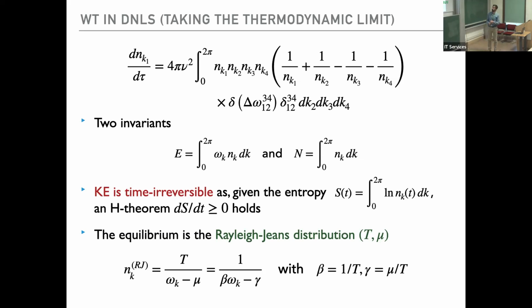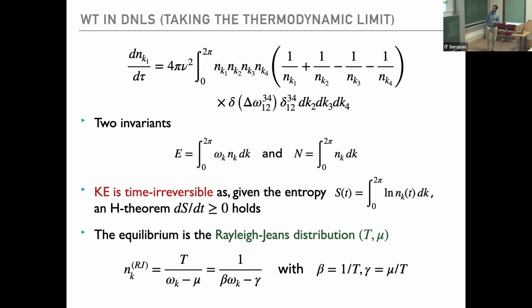That is why the energy now here has only the linear energy contribution, because the theory assumes that the energy coming from the nonlinear component is weak compared to the other one. So these two conserved quantities are, of course, conserved by this kinetic equation.